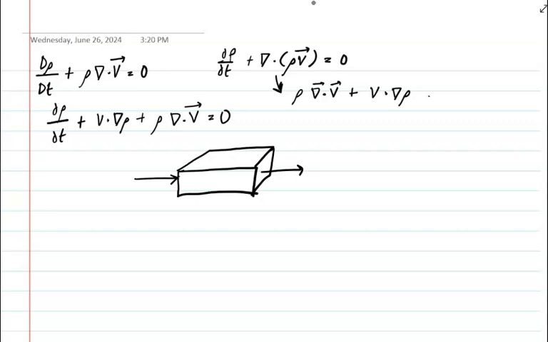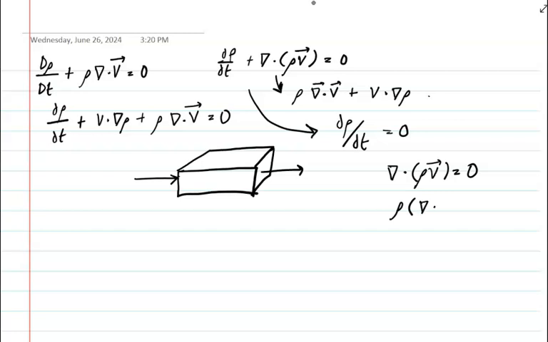For an incompressible fluid, we would look towards this. Here we have that the total change in density is always 0. So if Drho/Dt is 0, we have here that del dot (rho v) is equal to 0. But rho is constant throughout, so you could bring out rho.